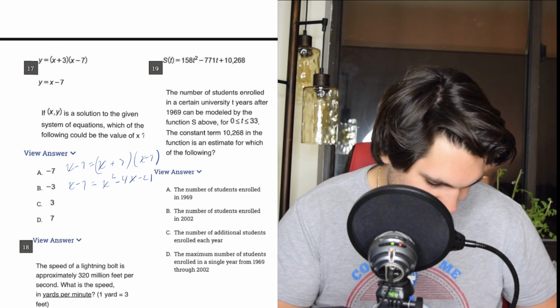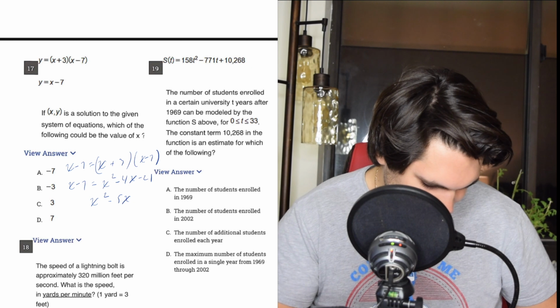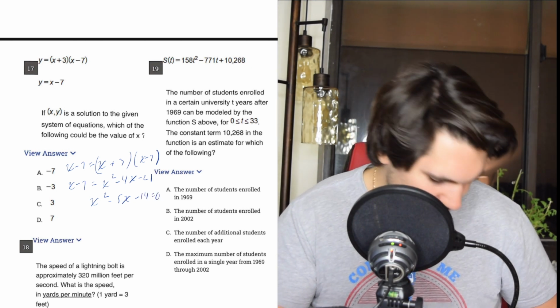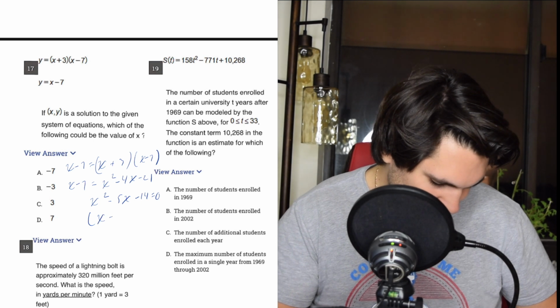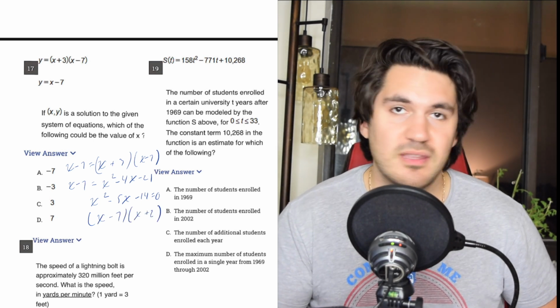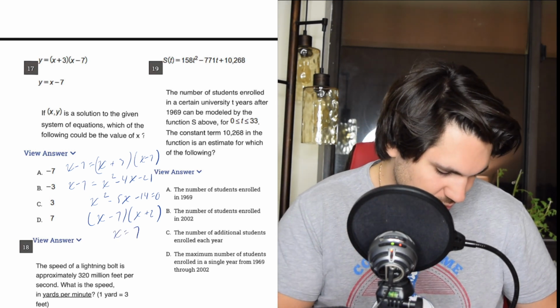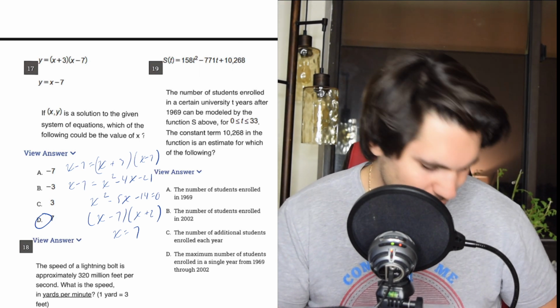Combine like terms. X squared minus 5x minus 14 equals 0. Factor it. So x minus 7 times x plus 2. So our negative 2 is going to be an answer like we got before, but x is also going to be equal to 7. So D would be the answer.